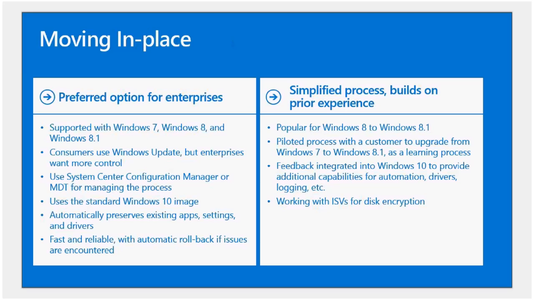This does use the standard Windows 10 image, so you can't use a custom image for an in-place upgrade, really because Windows doesn't know how to merge applications that have been added to a custom image with the apps that are already in the current OS as part of the upgrade process. Imagine you've got a machine running Office 2003 and you try to upgrade using an image that contains Office 2013.